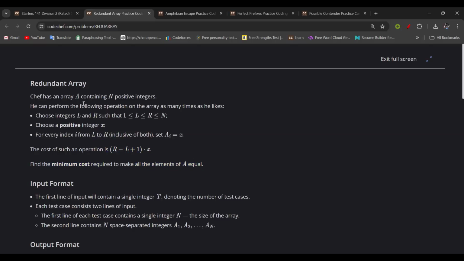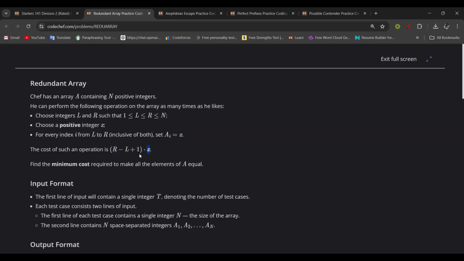So basically, we are given an array and a type of operation. In one operation, we can select a range from L to R, and for the full range, with both L and R inclusive, we can assign a positive integer x to each element in that range. The cost of that operation is the length of the range, R minus L plus 1, multiplied by x.